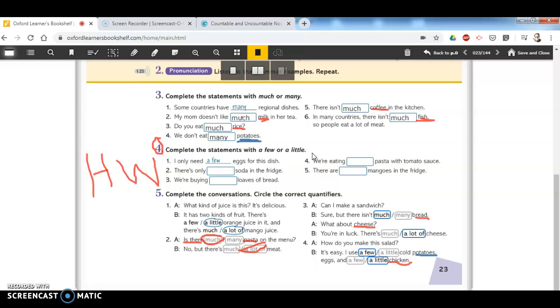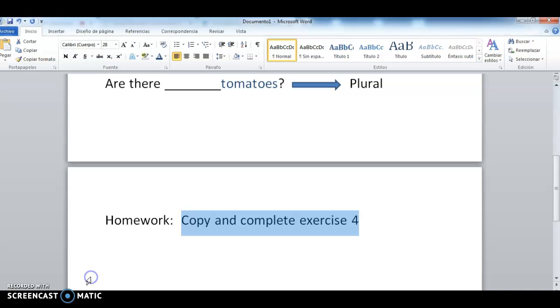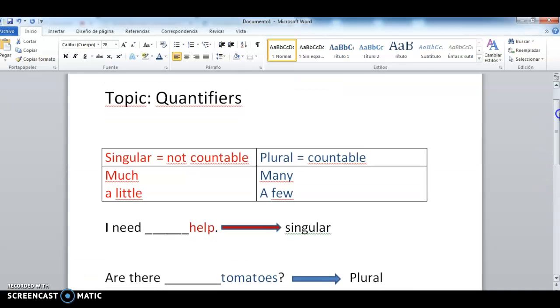Ok, un repasito en español para asegurarnos que nadie se va a quedar con ninguna duda. Estamos viendo en esta clase que los cuantificadores, las palabras que me ayudan a expresar cantidad en inglés, si usted todavía no lo ha entendido, pues hay otra forma más directa de verlo, ¿verdad?